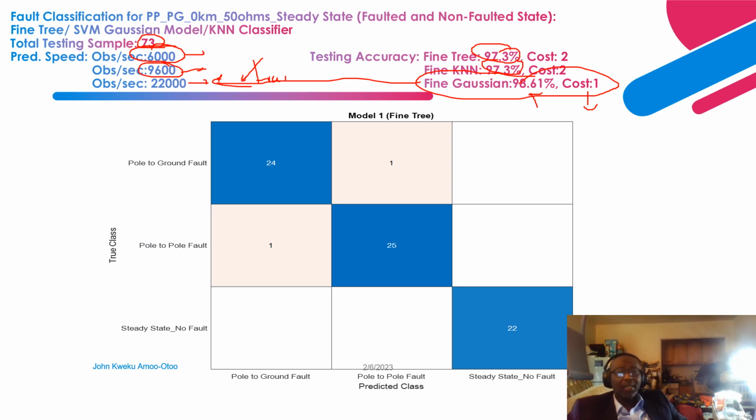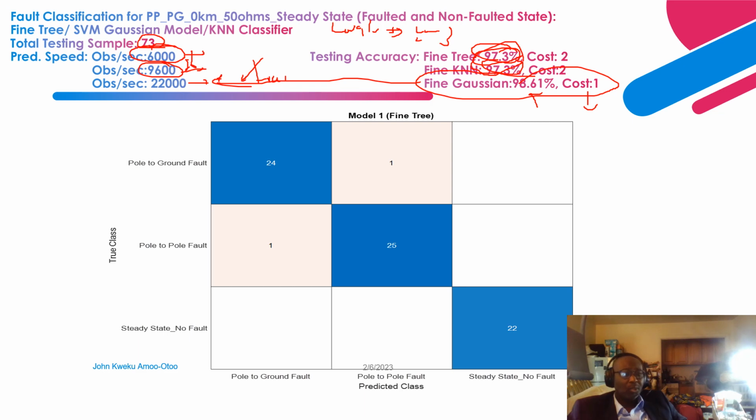I would rather look at lower training time, which translates into lower costs, lower computational burden, and quite close, higher accuracy, as you can see over here, and my prediction speed, select between 6,000 and this. So your best classifier is between this and this, not this one, because the training time is too long.